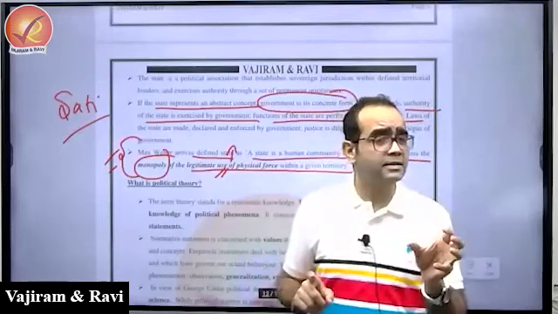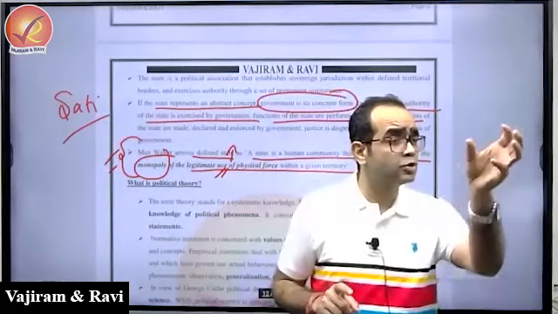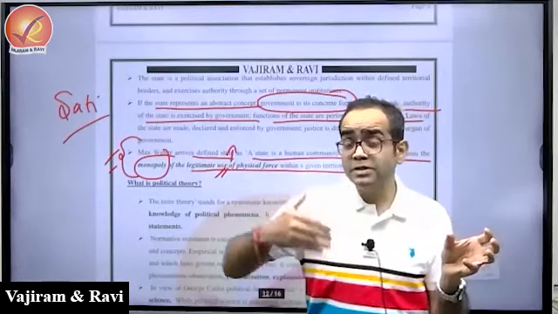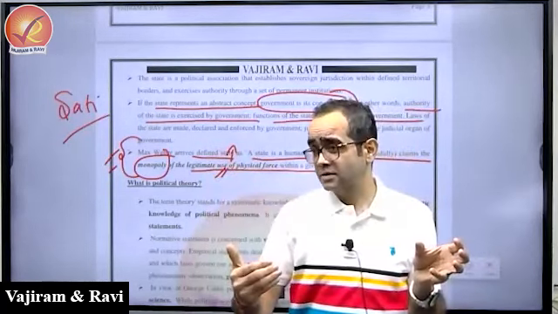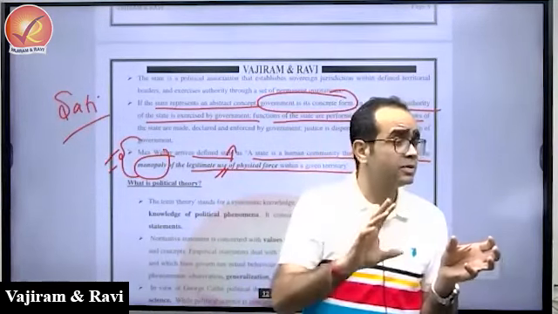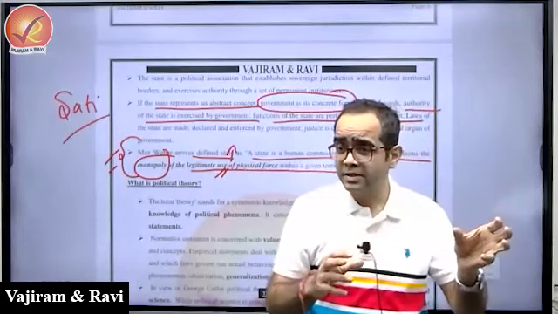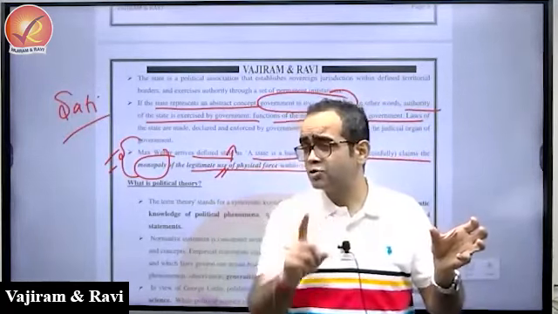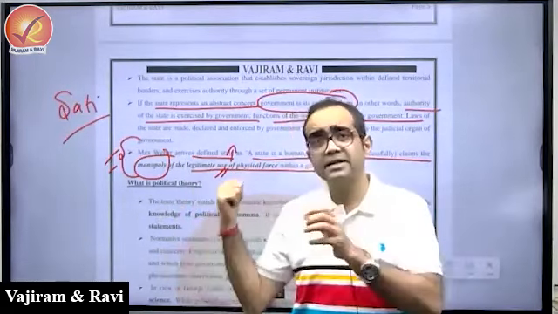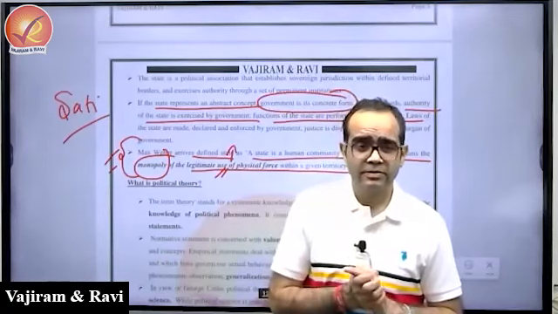Who has the right authority to control the crowd? Police. When police engages in lathi charge, when the army comes on the streets and shoots the troublemakers, it is considered as legitimate. If I go into the street and start shooting others, that will be considered as illegitimate. That is the point.